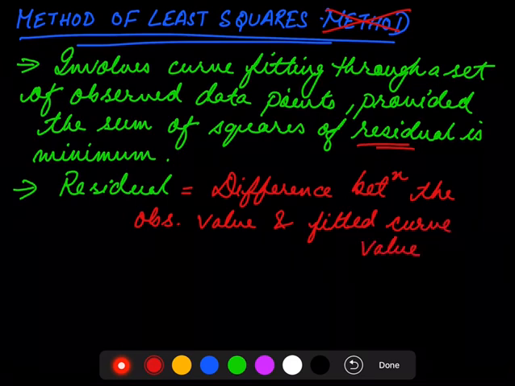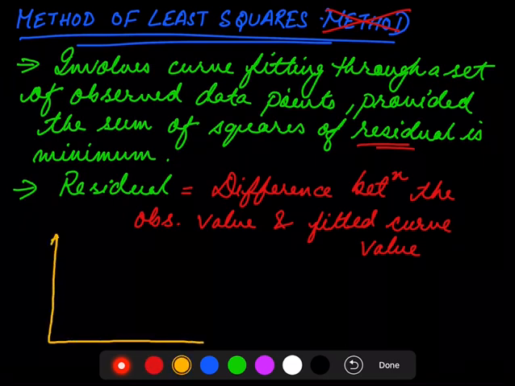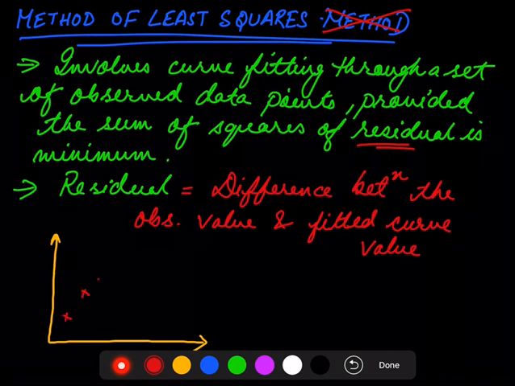For example, let's say I want to plot a graph, with an x-axis and a y-axis. Let's say I have got some points here, one point here, and some points here.